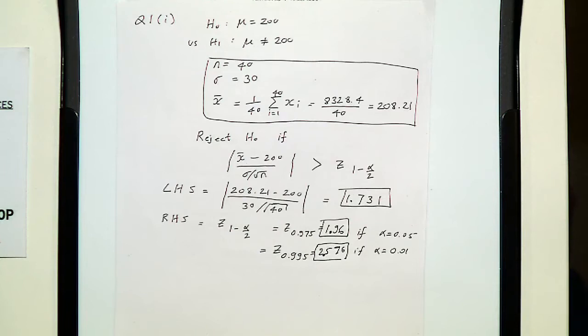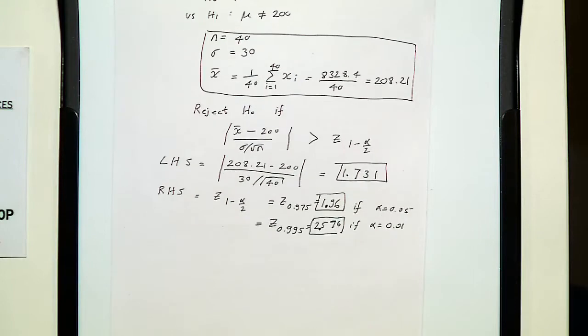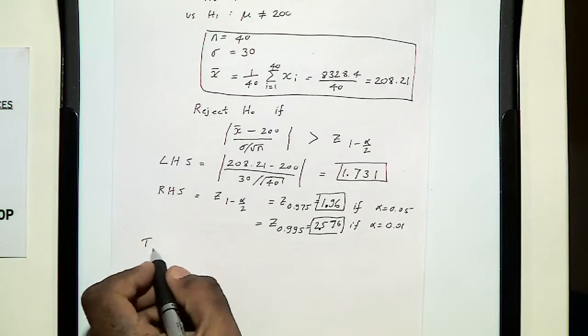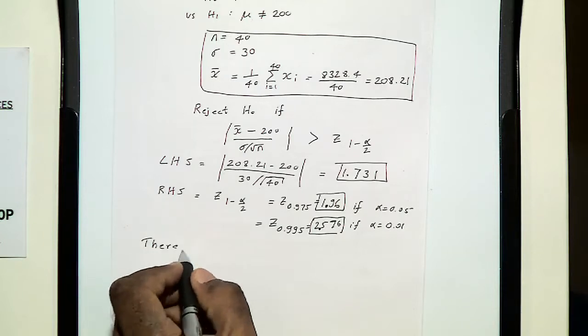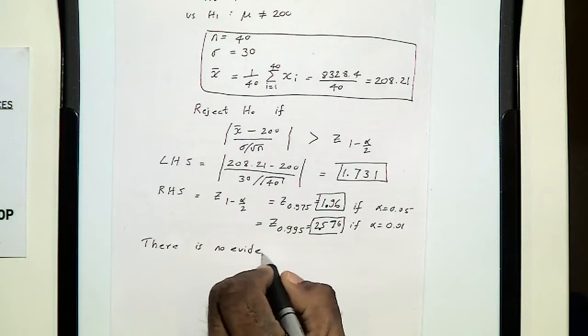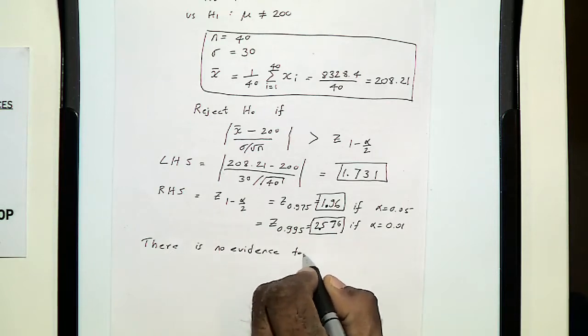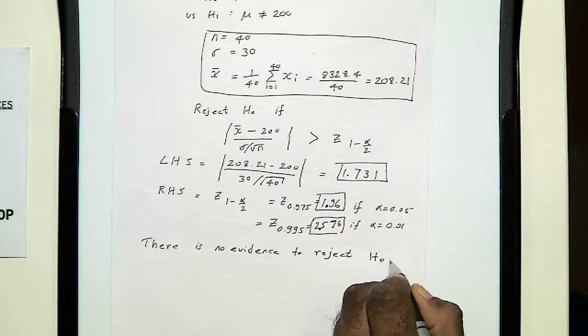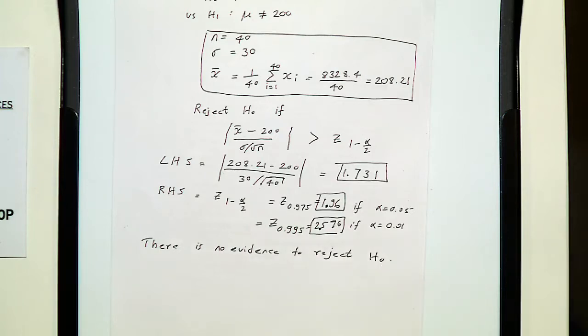And clearly 1.731 is not greater than 1.96 or 2.576. So the conclusion is that we cannot reject the null hypothesis. So you will say there is no evidence to reject H0.